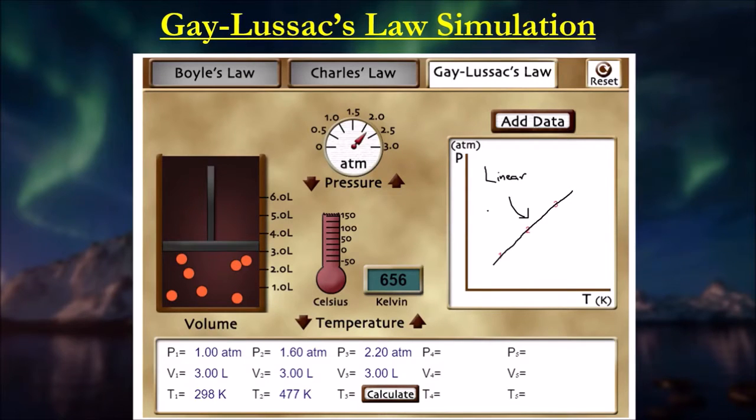And what that essentially tells us is if you have a linear plot, a straight line, being plotted between two variables, so pressure and temperature, that would imply that the pressure and temperature of our system are directly proportional to each other. So if I increase pressure, I also increase temperature. Remembering that volume needs to stay the same in the entire system.